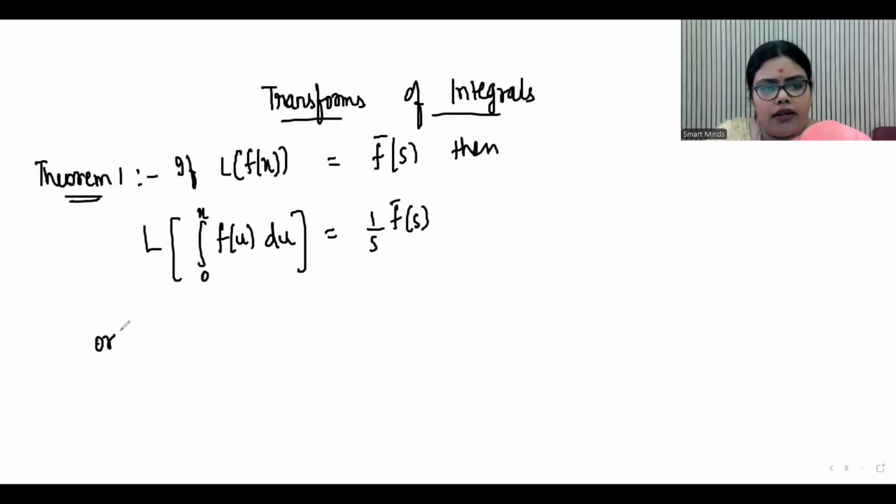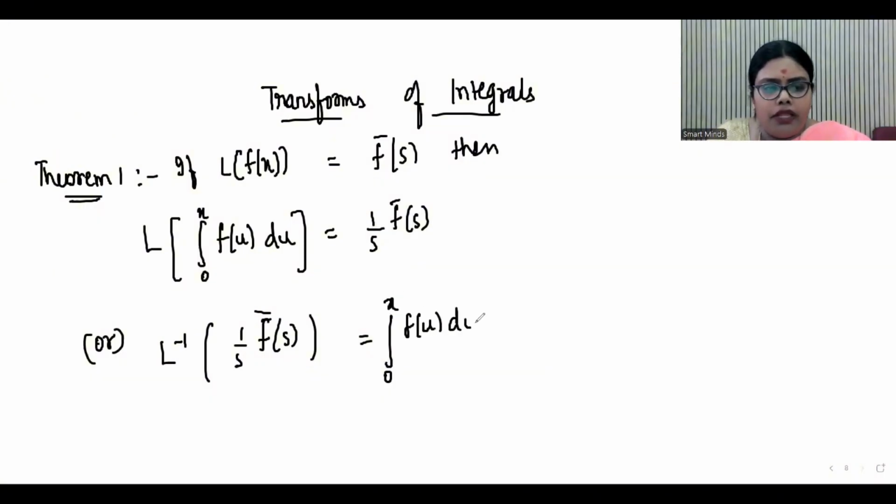Or we can write it in another way, L inverse of 1 by s f bar of s is equal to integral 0 to x f of u du. This is the first theorem.